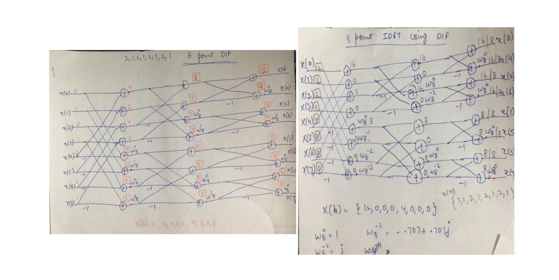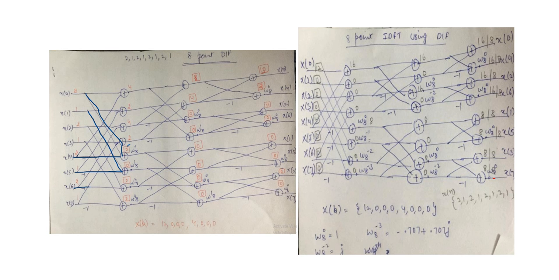Odd point means you have to multiply the point by minus 1 or by the twiddle factor. Here 2 multiplied by minus 1 is minus 2, and 2 is coming, so 2 minus 2 is 0. Here 1 multiplied by minus 1 is minus 1, and from here 1 is coming, so 1 minus 1 is 0.